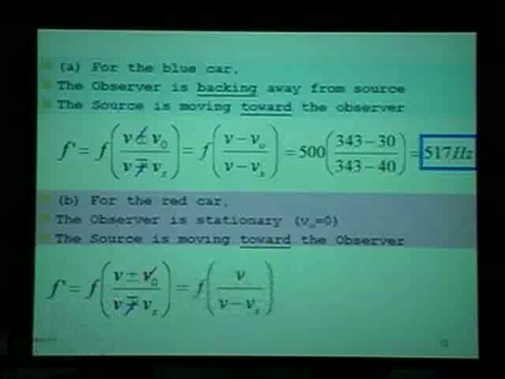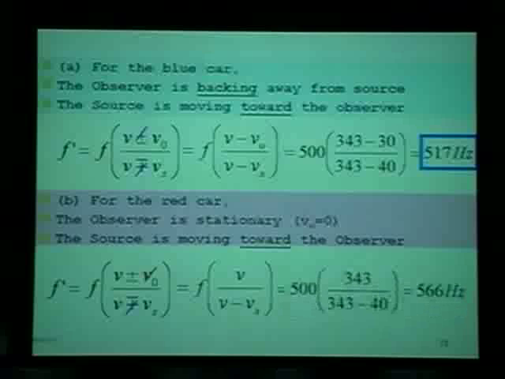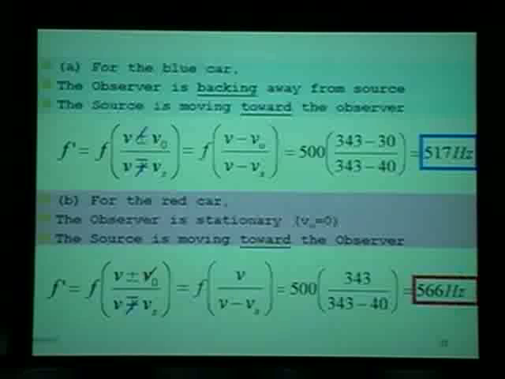And we have the observed frequency is the actual frequency, 500, and in the numerator, we just have 343, the velocity of sound, plus or minus 0, over the velocity of sound, 343, minus the velocity of the source, because the source is moving toward the observer. So we use a top minus sign, and we get a frequency of 566 hertz.